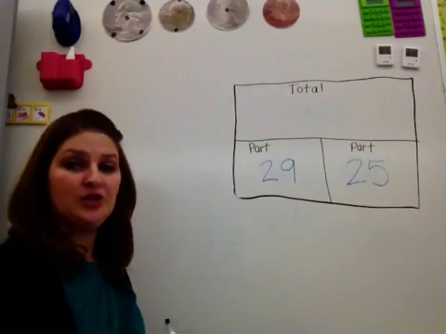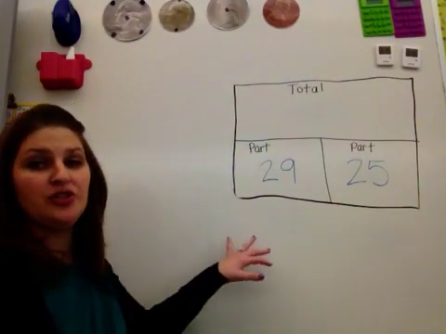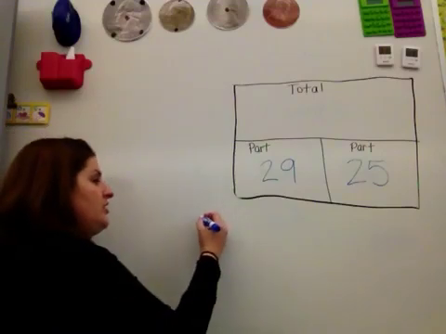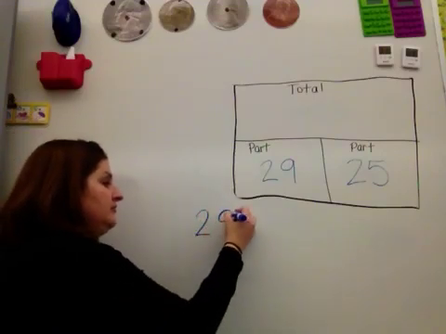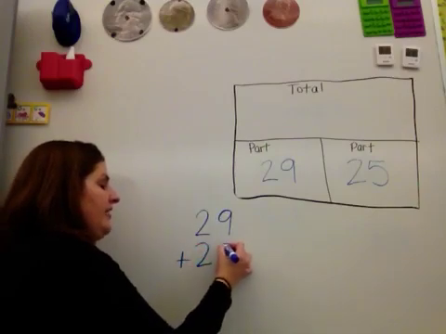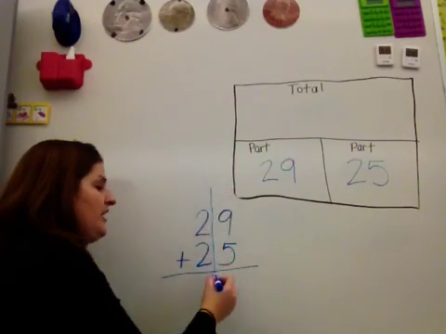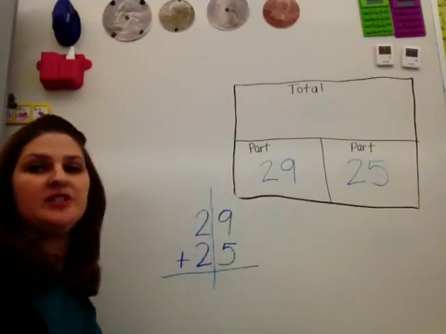Now, we need to do the math. We're going to set it up in the traditional column addition. So 29 plus 25. I like to break it up so we know exactly where we're starting.